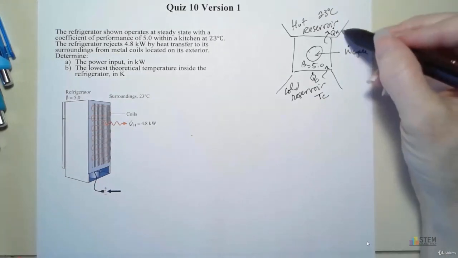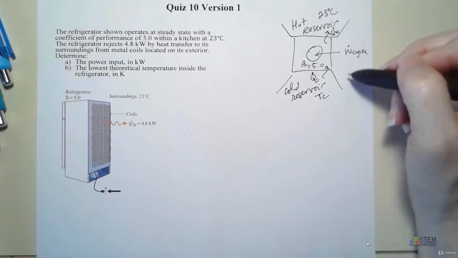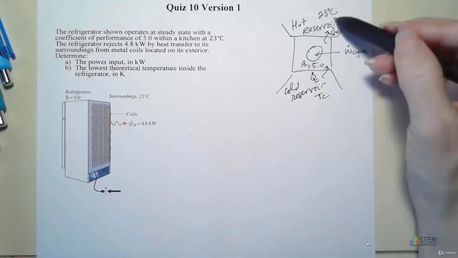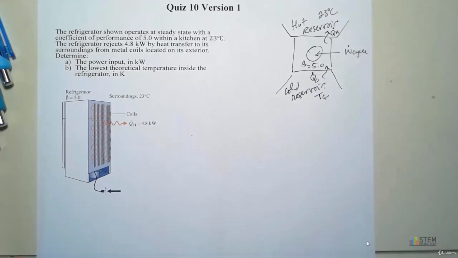And QH dot, that's going to be 4.8 kilowatts. So that's kind of the scenario. Kitchen surroundings here, inside of the refrigerator, power input. And our coefficient of performance is 5.